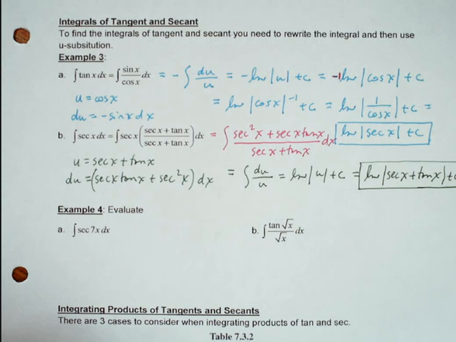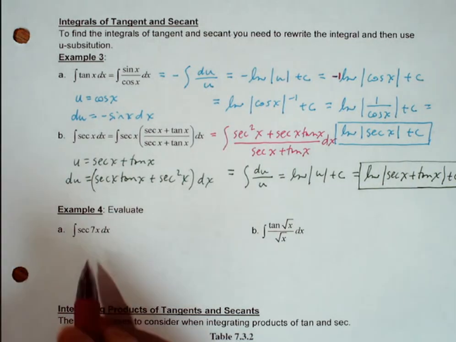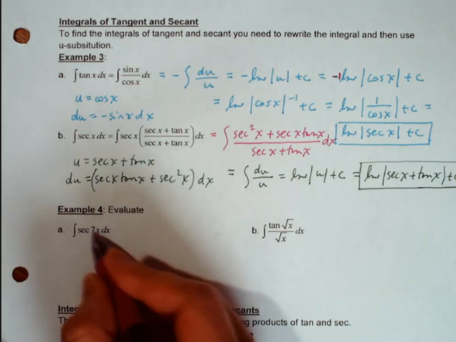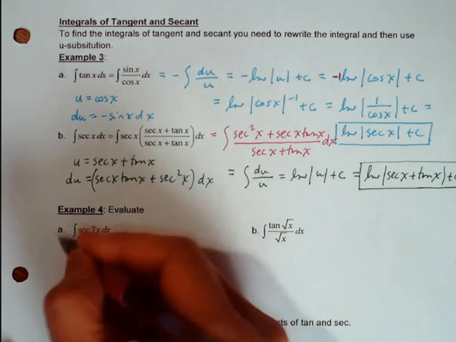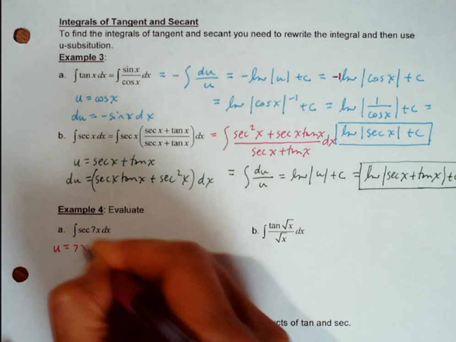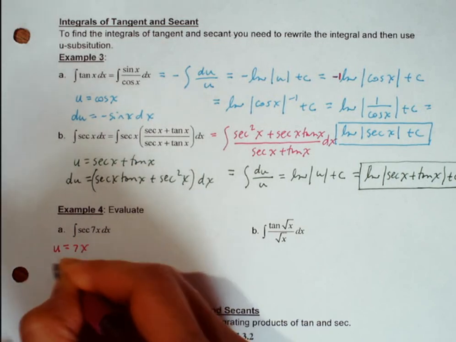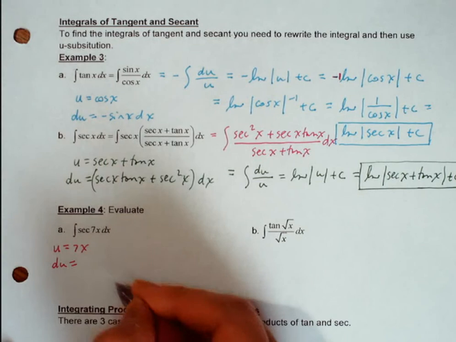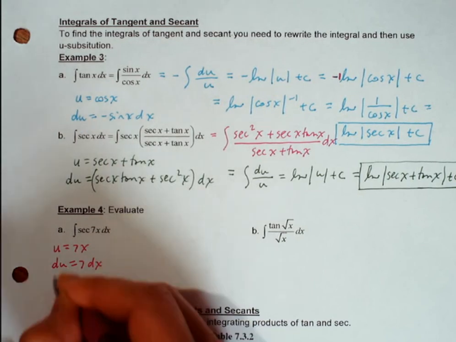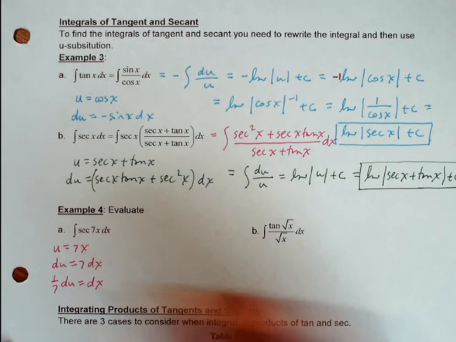Okay, so let's do some other problems with secant and tangent. So these are both very nice u subs. So for this one here, secant of 7x dx, and so I'm going to do a u sub of let u equal 7x. So du is equal to 7 dx. So 1/7 du is equal to dx.